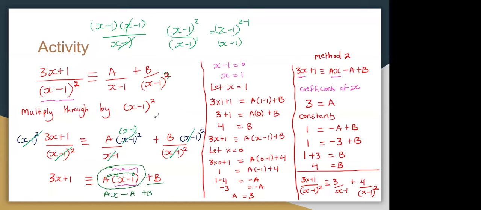Yes, teacher. And now I want you to know that the moment you don't put the square, let me say the way you want to do it, when I have a out of x minus 1 plus b out of x minus 1, mathematically this is the same as a plus b out of x minus 1. Because the moment the denominators are the same, you just add the numerators. So this one would not be equivalent to what you have on the left-hand side.